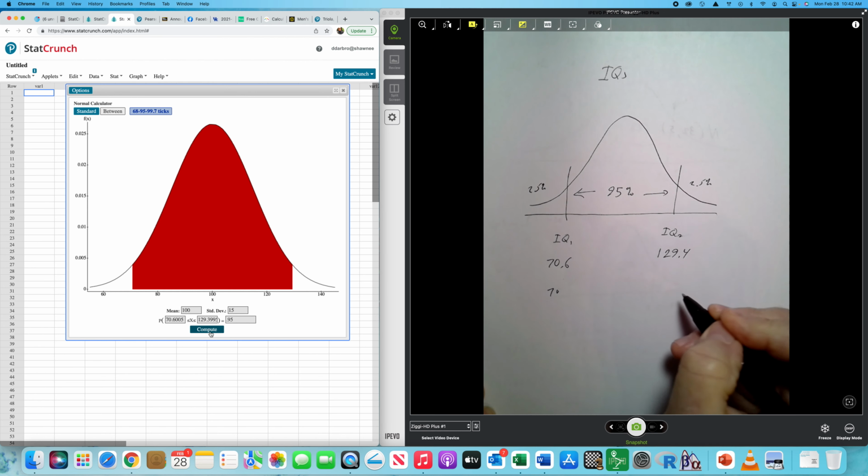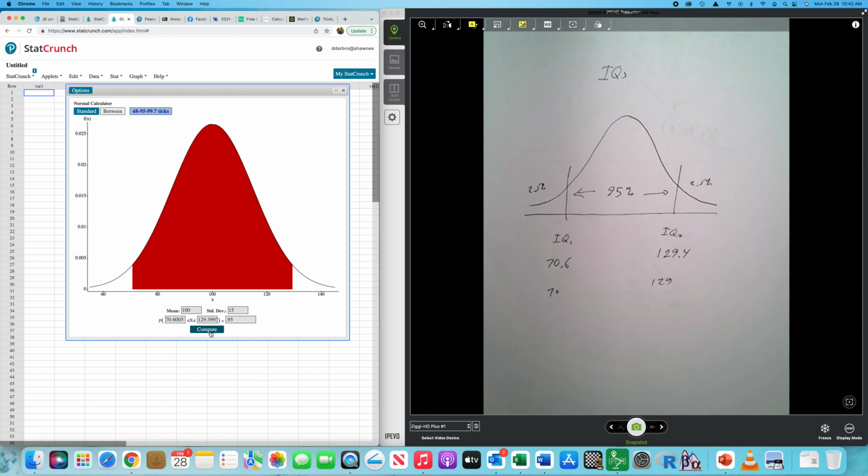So I can say around 70, around 129. So between IQs of 70 and 129, about 95% of the scores fall between those two values. All right, that's all I got. I wanted to keep this one brief, short and sweet.